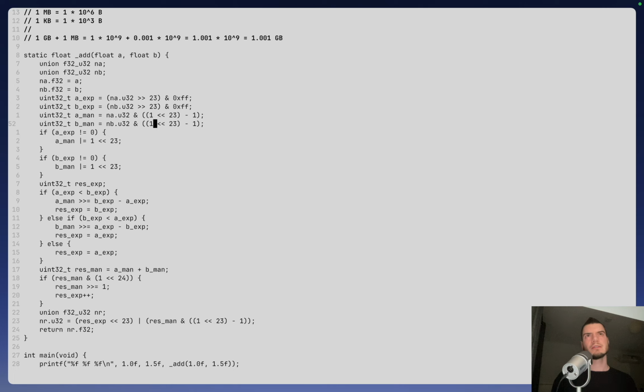And then we should be able to just add the two values. Let's try this out.